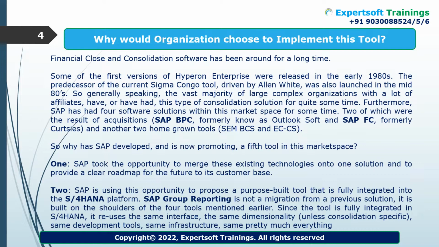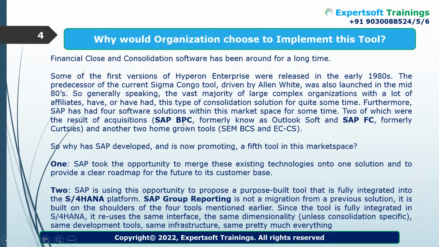So we are talking about the history, but when it comes to group reporting, as I mentioned, this is a totally independent tool. It is not an extension of any of the other applications, but it has taken some of the features or logic from BCS and some from BPC.